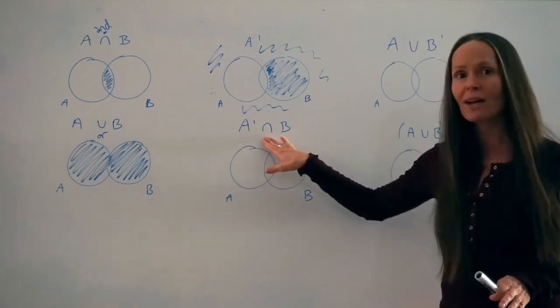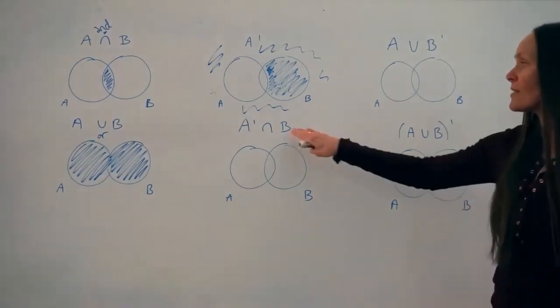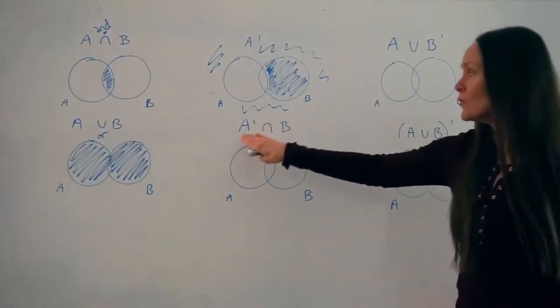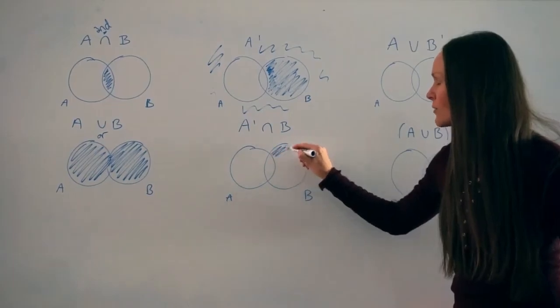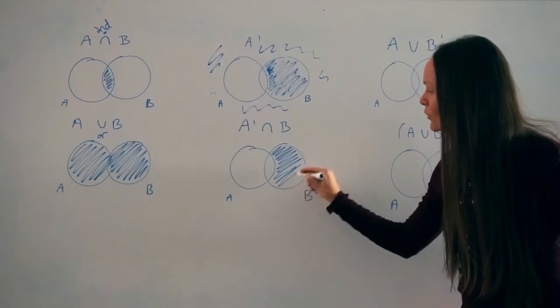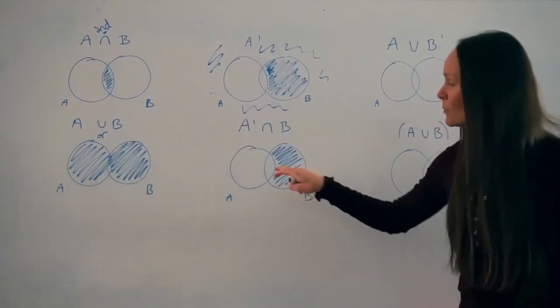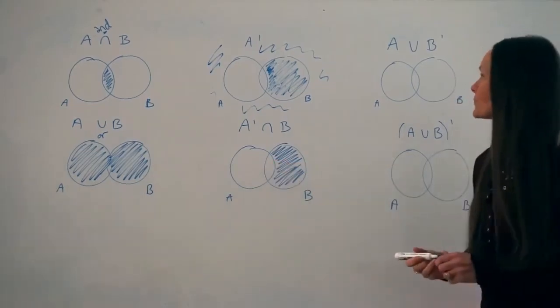Okay, this is the strict symbol, the intersection. So if we're shading everything that's in set B, but not in set A, you would have to shade everything here on the right hand side, everything inside circle B, but not the overlapping part, because that part is in A. Okay, so there's that example.